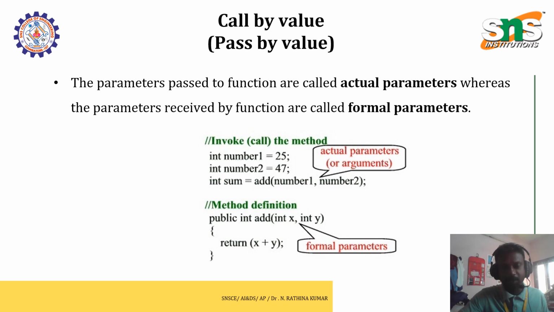See that program. In the function call, we used the parameters number one and number two, so that is called actual parameters or actual arguments. In the function definition, we used the parameters x and y, so that is called formal parameters. This is the difference between actual and formal parameters.